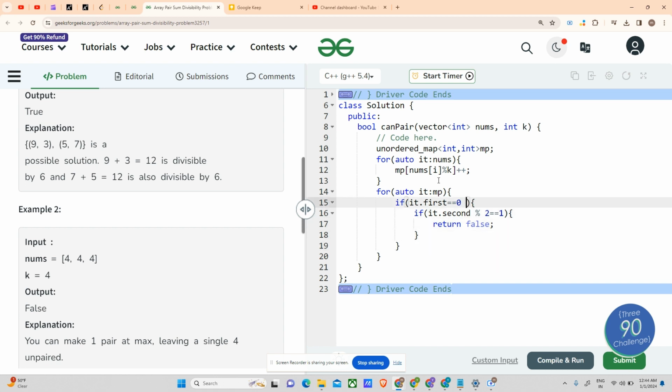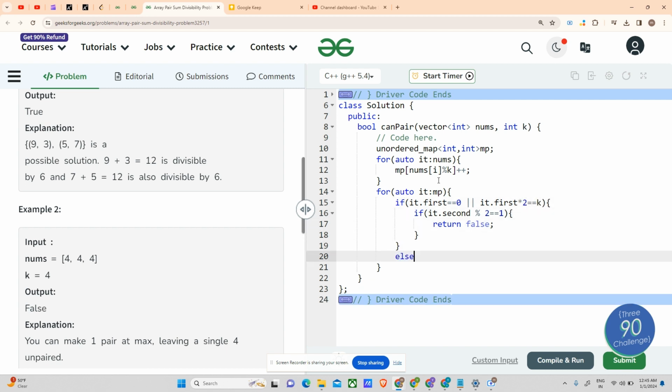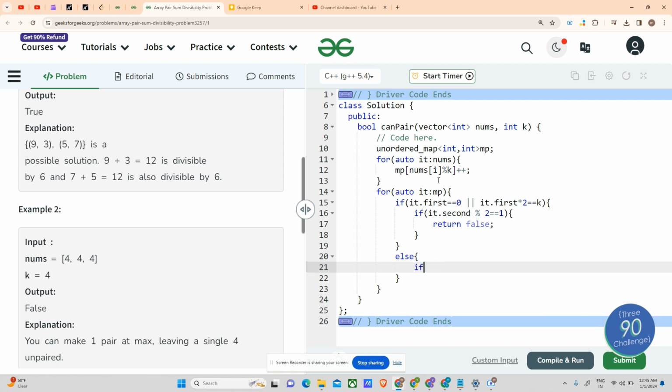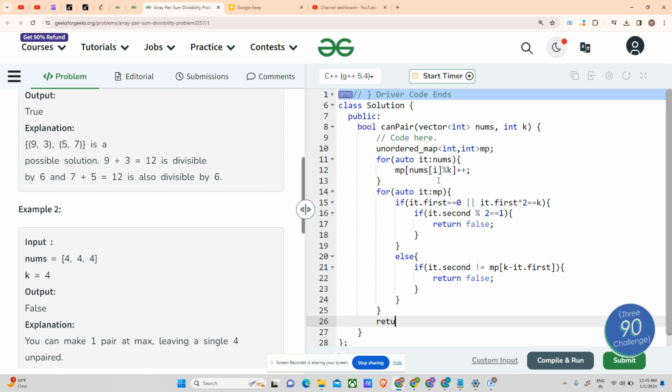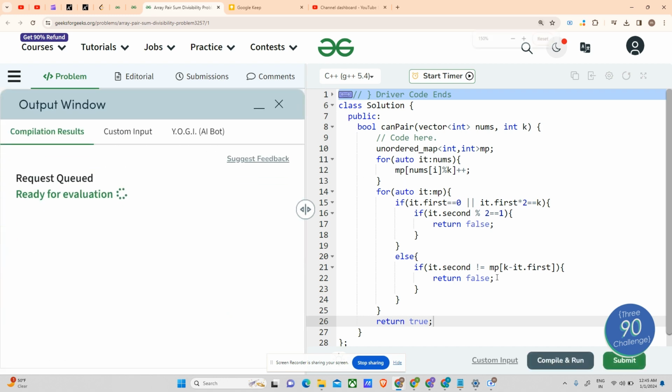And also add a condition here: or if it dot first times 2 equals k, then also there is the same condition. Else if it dot second is not equal to map of k minus it dot first, in that case also return false. Otherwise after the for loop ends, return true. Let's compile and run it.